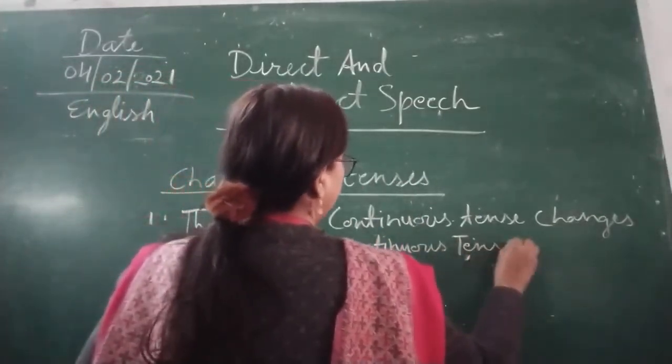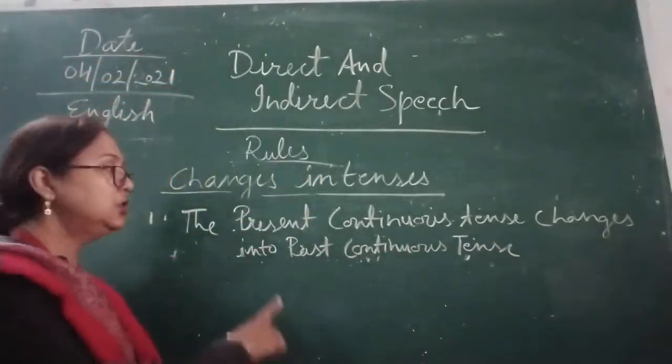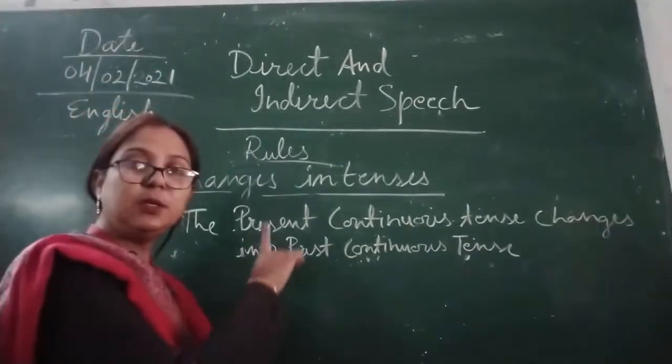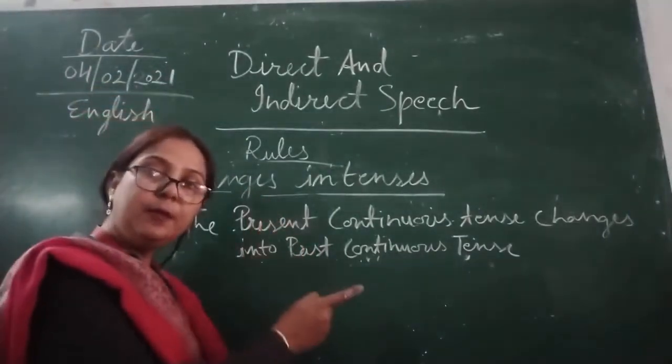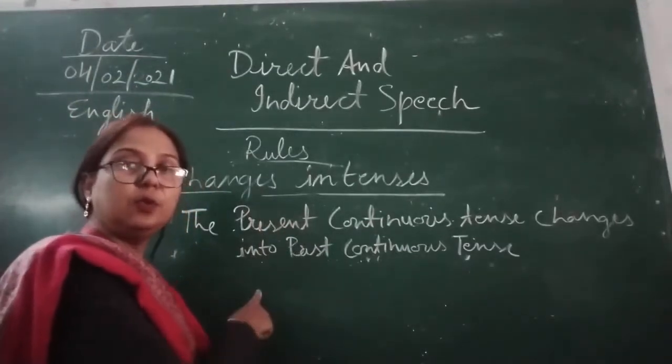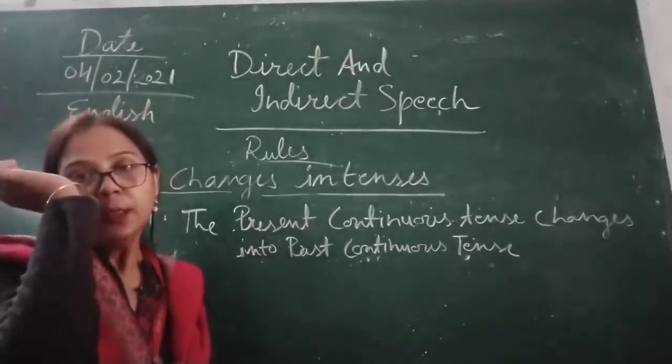So children, while making direct into indirect speech, when the direct speech is written in present continuous tense, we will write it in past continuous tense when making indirect speech. So this is the rule.